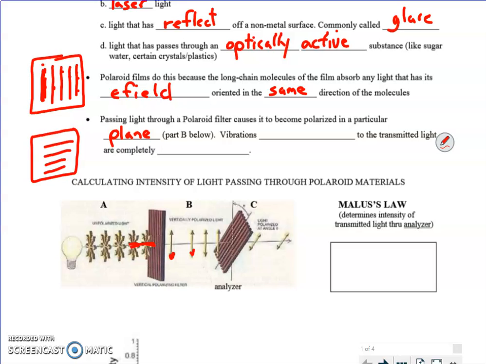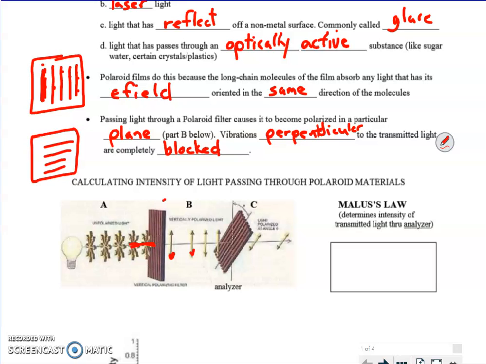Okay, so vibrations perpendicular to the transmitted light are completely blocked. Okay? And those that are in alignment with this orientation pass through. Now again, that's not the molecules.